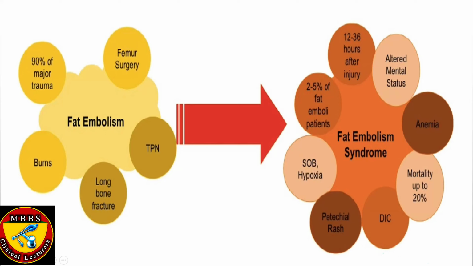Then RBCs could aggregate and undergo hemolysis, so the patient can present with anemia. Or if the cerebral vasculature is involved, the patient can present with altered mental status like delirium and coma. Mortality could be up to 20% in fat embolism.